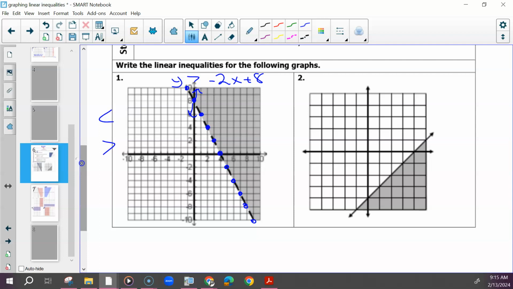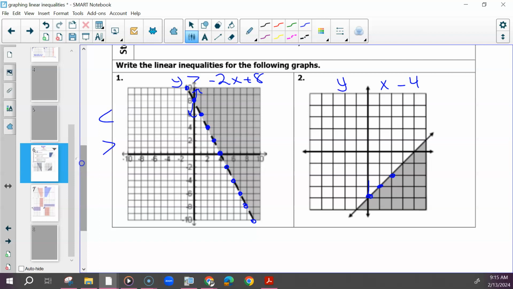So for number 2, what is your y-intercept there? -4. And your slope? 1. Very easy to see on this. You could plot the points to double check it, but it's not necessary for the solid lines. You can put 1x or just x. This is a solid line, so it has to be equal to.